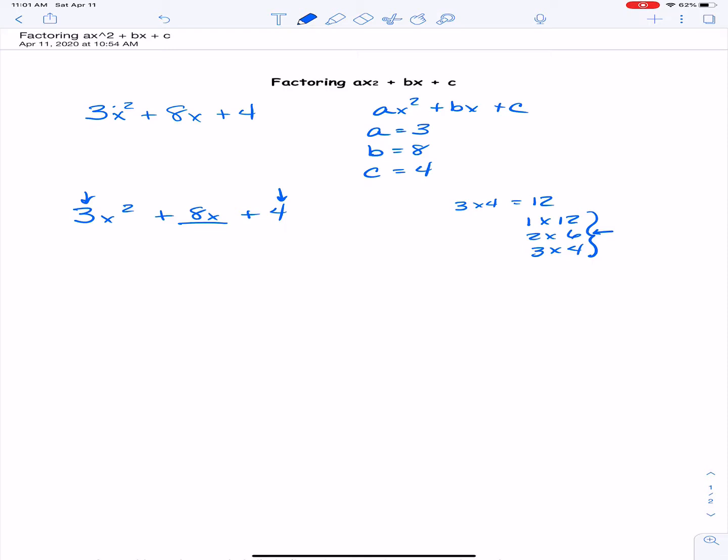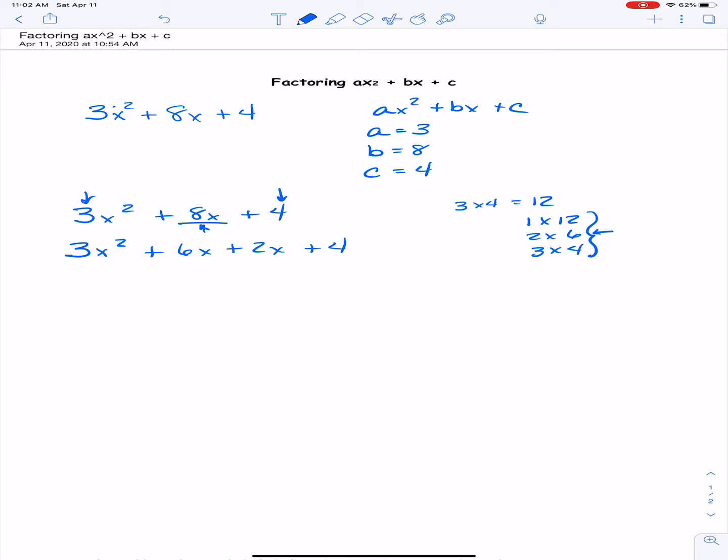So we're going to rewrite our trinomial using 2 and 6 as our b term. I'm going to rewrite this as 3x squared plus 6x plus 2x plus 4. Notice that my 6x and my 2x when added together give me my b term.